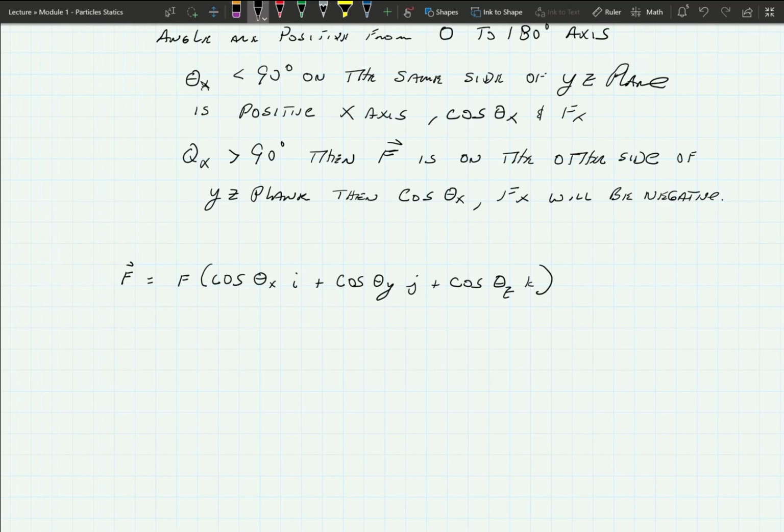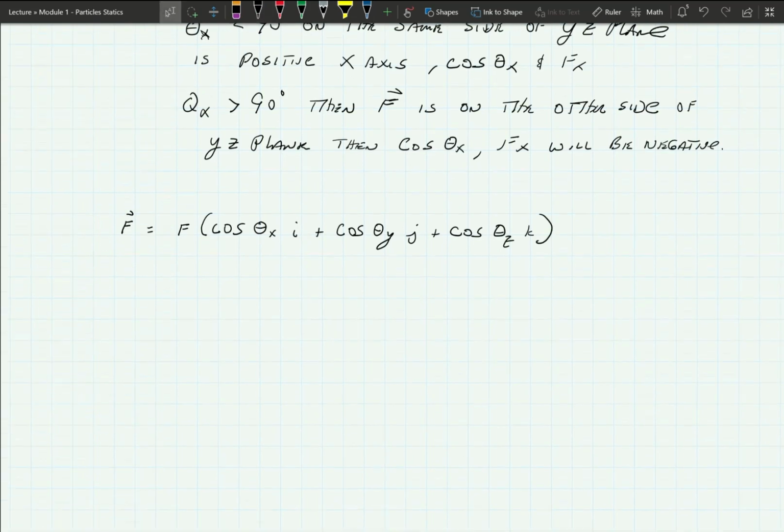Okay, and that's that. Now, to make life a little less complicated, and not have to write all that out, we're going to introduce lambda. And lambda is going to be equal to all the angles.